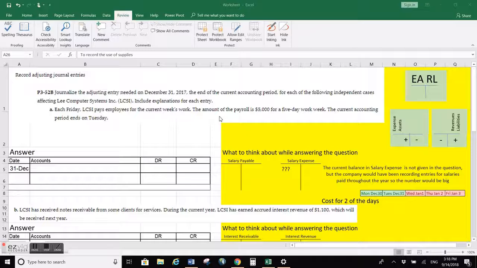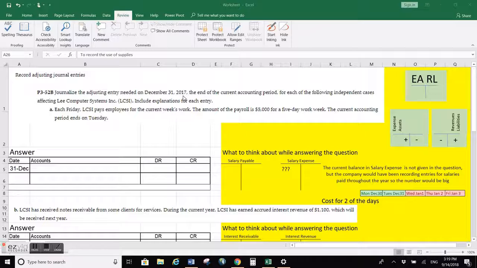So we'll be capturing information from January 1st, 2017 to December 31st, 2017. The point of the exercise is to make sure that what's in the accounts at December 31st, 2017, belongs in that year.